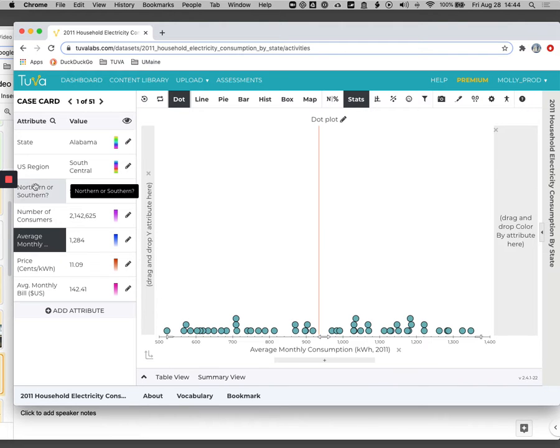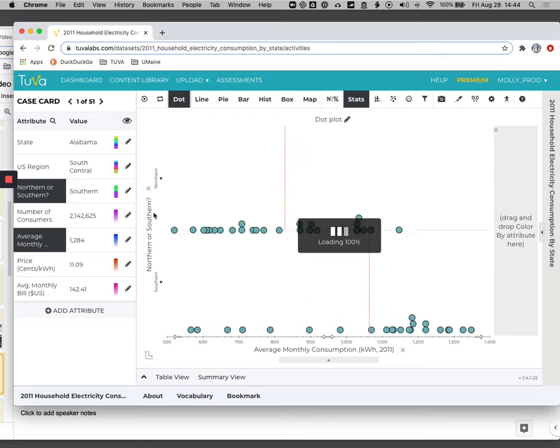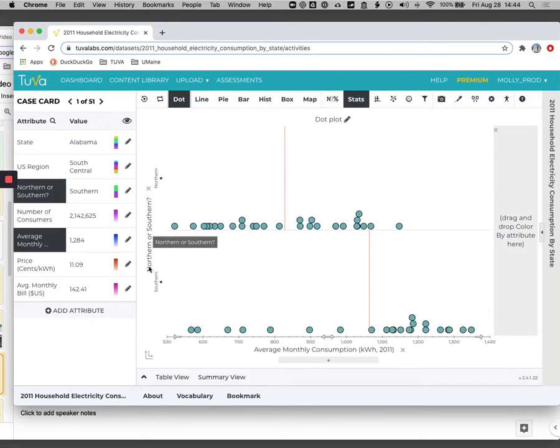So let's see if northern or southern states have different amounts of electricity use. By putting northern or southern on the y-axis, I can see now that in the southern states, there's a clump of states here that have a rather high amount of monthly electricity use.